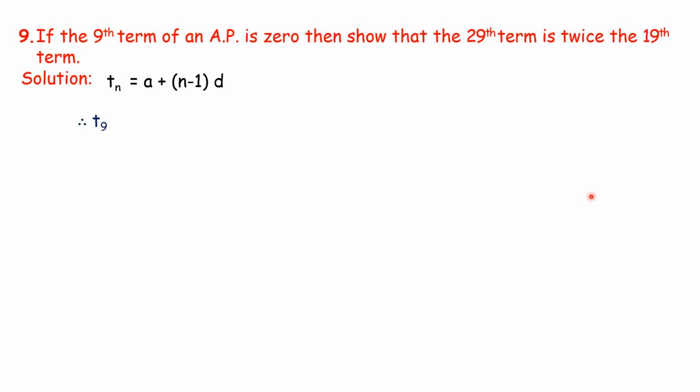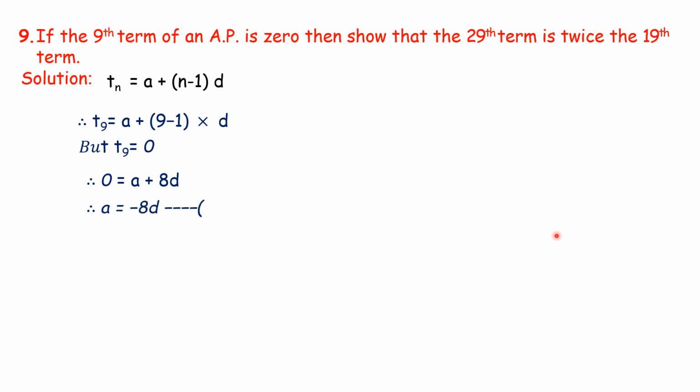Now substitute the value of n: the ninth term is equal to a plus (9 minus 1) into d, but the ninth term is equal to 0, therefore 0 is equal to a plus 8d. Therefore a is equal to minus 8d. This is equation 1.